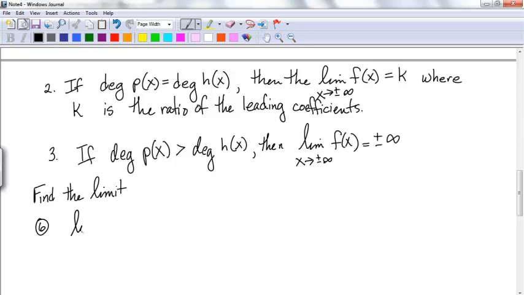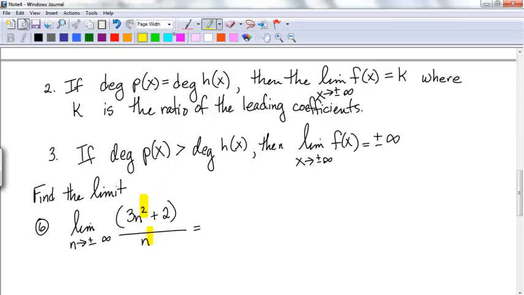Okay, if we said find the limit, up in the numerator put 3n squared plus 2, and it's all over n as n goes to positive or negative infinity. So you look at the degrees. The degree of the numerator, the highest term, is 2.